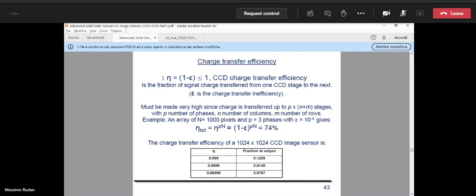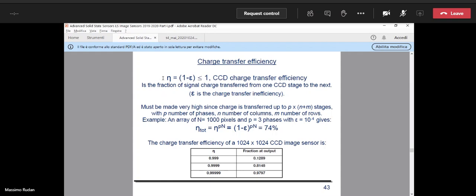This inefficiency may be small, but the issue is that the inefficiency accumulates, okay? If we have 1,000 gates in a single array, the inefficiency of each individual transfer combines, and we have to account for the inefficiency accumulated in about 1,000 transfers, okay?